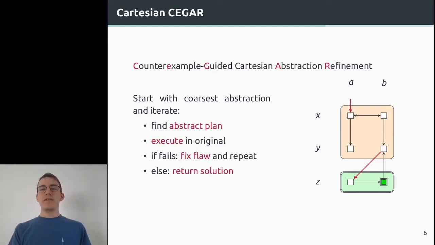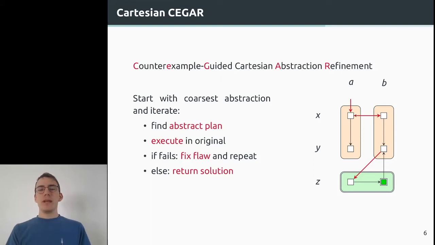Again, this fails when we try to execute it in the original, because now the precondition of one of the operators is not yet satisfied when we try to apply it. So again, we split off states where the precondition is or might be satisfied from those where it is not. Repeating this will eventually lead to very fine-grained abstractions on a solution path.